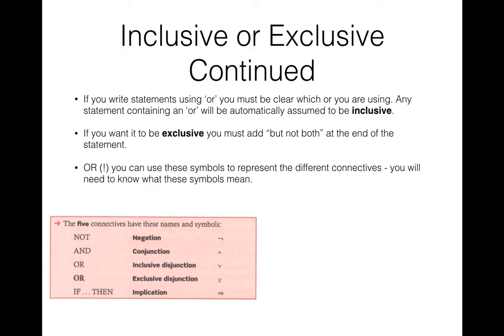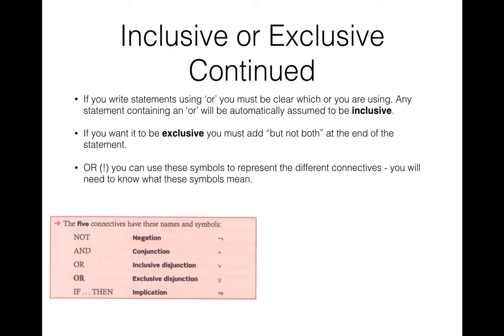So any statement that you make with or in it is going to immediately be assumed to be inclusive. If you want to make it exclusive, you need to add at the end of the statement, but not both. So for example, with the tea statement, you can have a big cup or a small cup for your tea, but not both. Okay, and that makes it exclusive. Or, see what I did there?